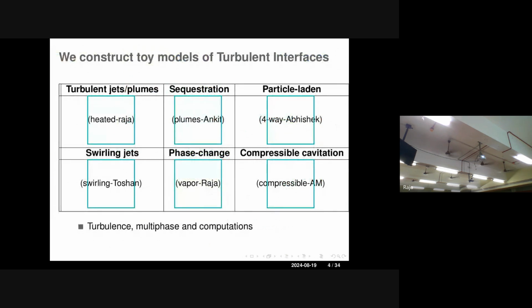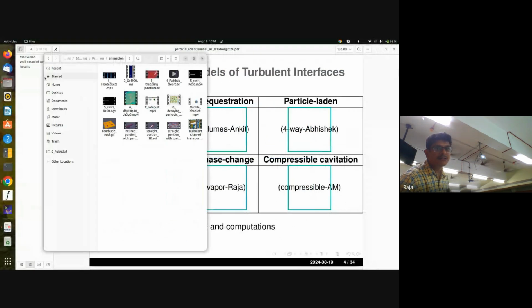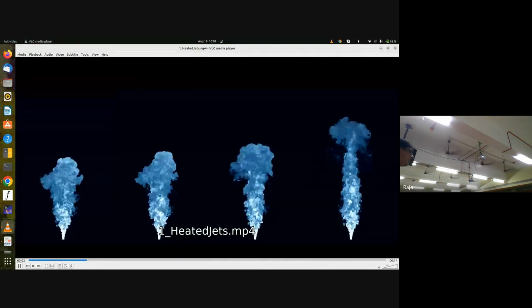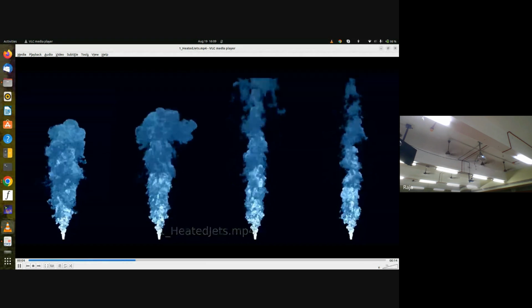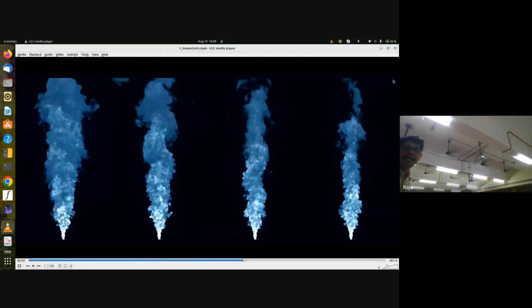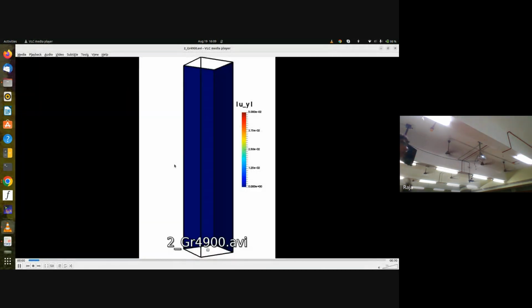The toy models we look at include heated jets via direct numerical simulations. What happens to these structures if one is locally heating them? Maybe something like methane gas sequestration issues.